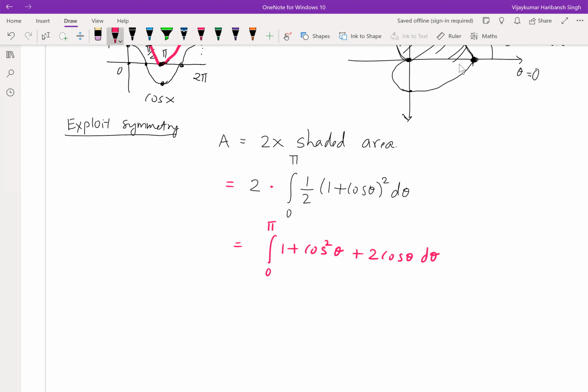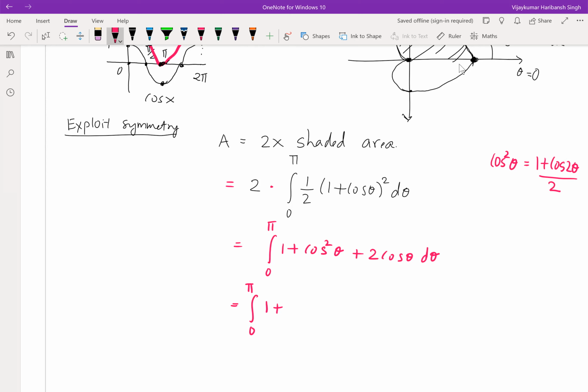Now we know how to integrate 2 cos theta, but cos square theta we need to change using the double angle formula. So we have 0 to pi, 1 plus, now note that cos square theta is basically 1 plus cos 2 theta divided by 2.